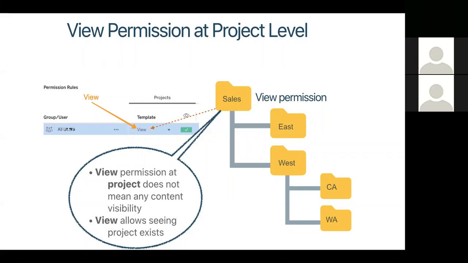When I say content, it means no matter whether it's a workbook, data source, or flow. View permission at a project doesn't mean that the user will have any workbook access at all. This is a project level. The view permission at a project level only allows this user to see that the project exists.